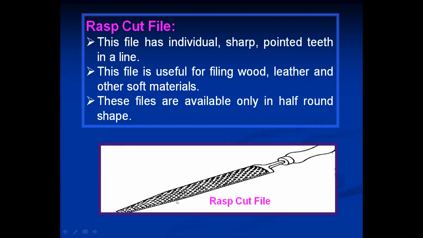This is the rasp cut file: individual sharp pointed teeth in a line, useful for filing wood, leather, and other soft material, available only in half-round shape.